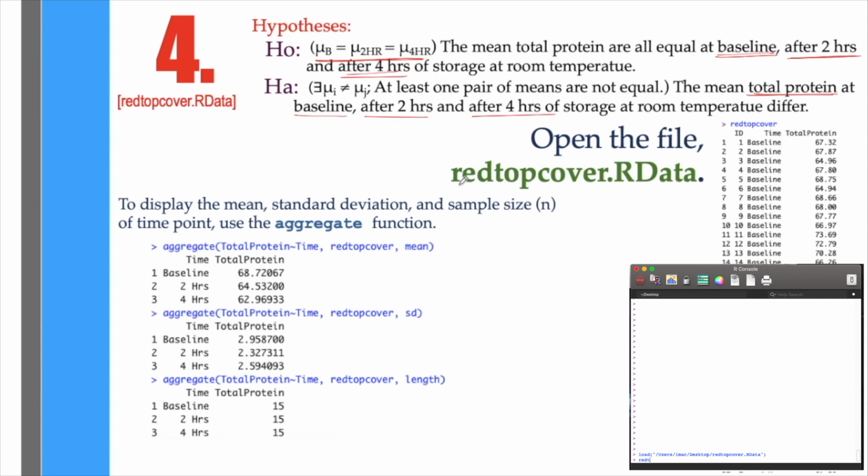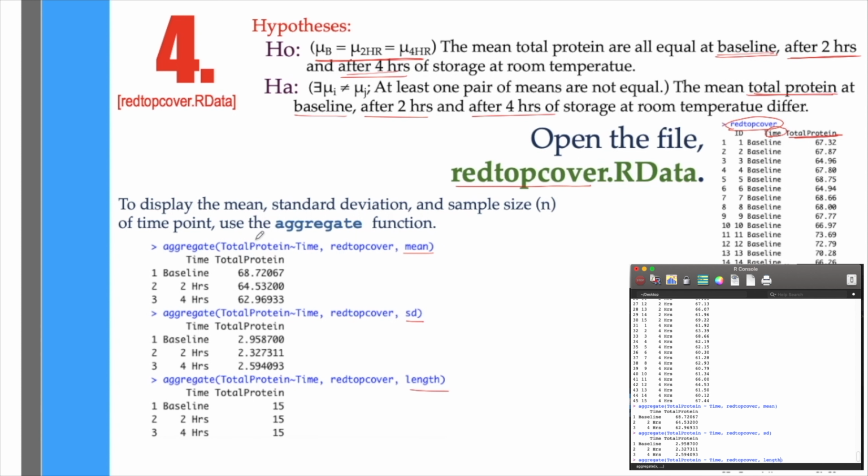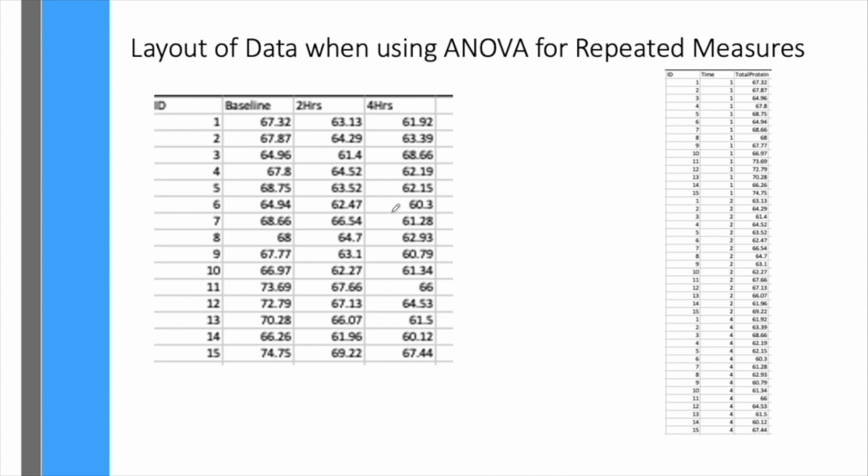So you may open the red top cover.r data, and as you type red top cover, you'll notice there are two essential columns again, which are time and total protein. You may take a look at the mean, standard deviation, and length again using the aggregate function. Just note here that the layout of the analysis of variance for repeated measures works in this format, not in the other format.